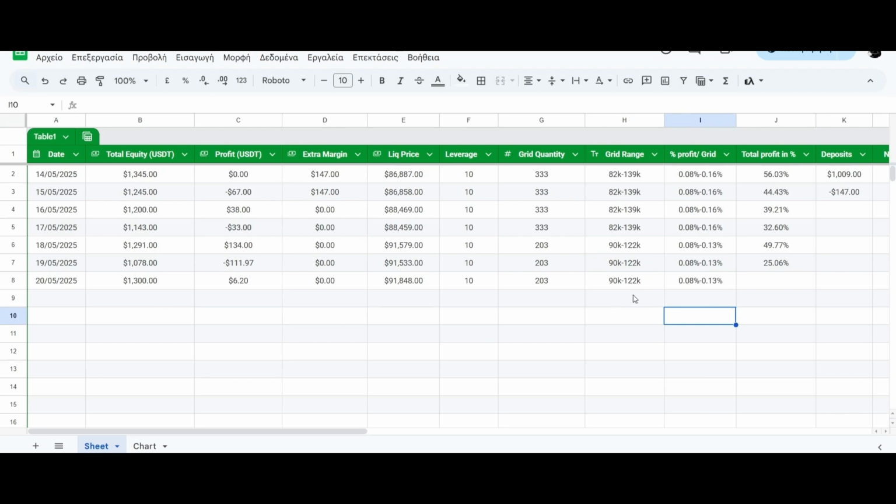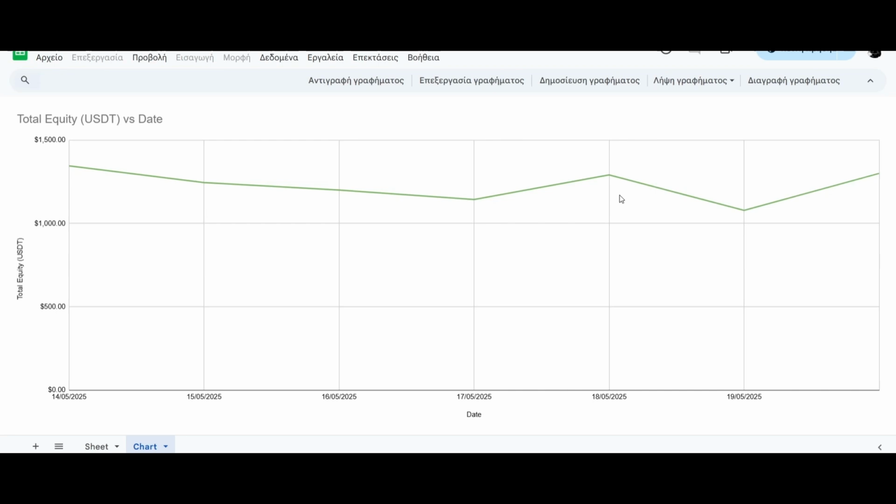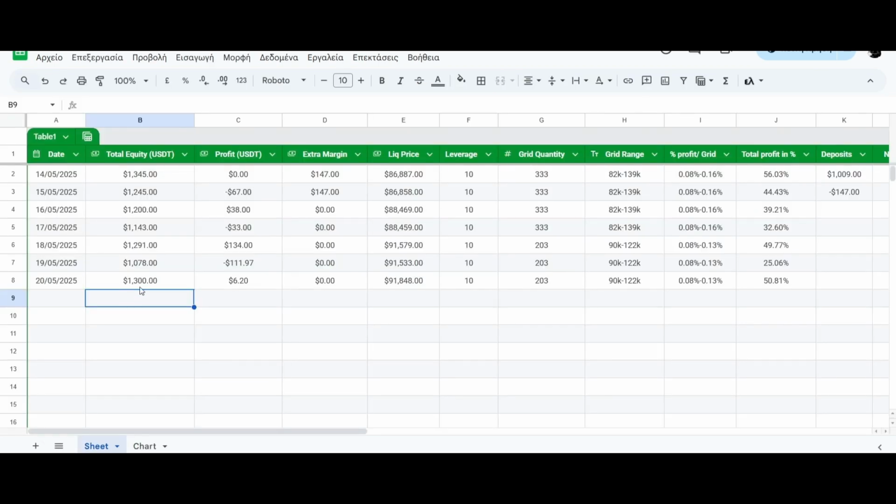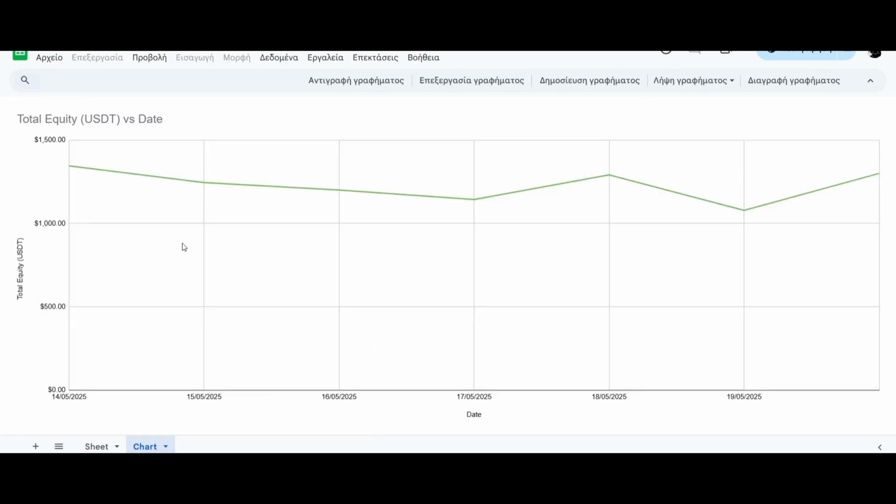And I've also added a new list here, total profit in percentage. It calculates how much money we have made in profit, how much percentage we are in profit. You can copy it as well if you want. I'll leave a link in the description. Chart looks good. It will gather more data and it will appear in a better way here.